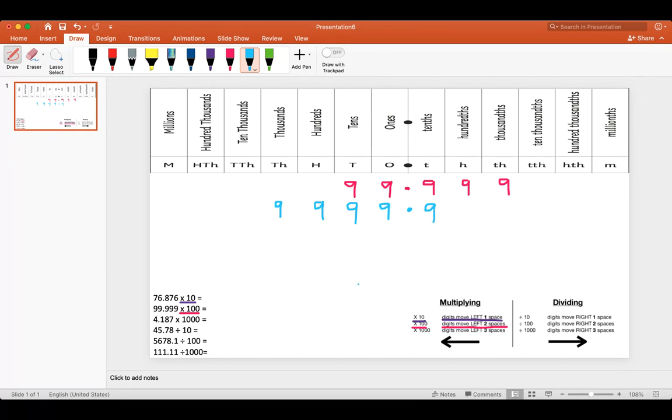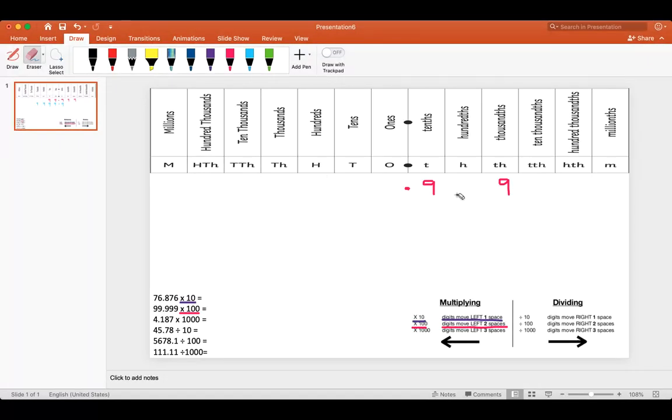So as you can see really clearly, 99.999 multiplied by 100 is now going to become 9,999.9. So remember, the decimal point stays the same and the digits slide into the correct position.